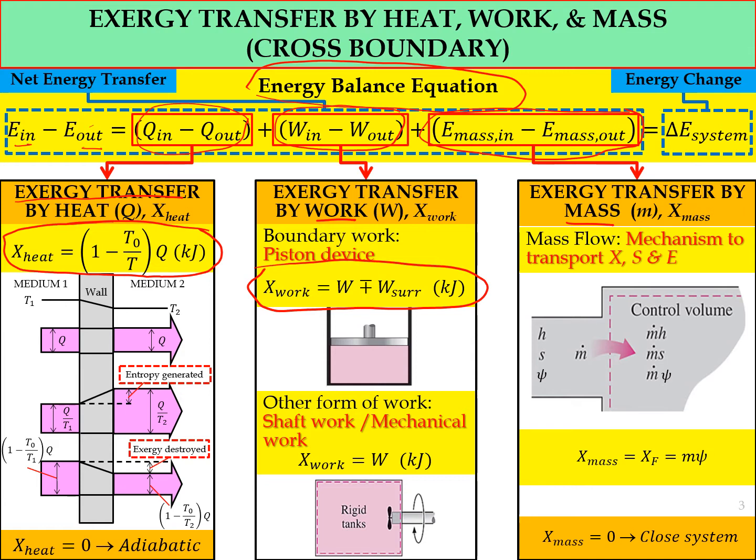Then exergy transfer by mass is simply this equation, which is the exergy transfer in that state. For example, this is state 1, and in state 1 there is mass transfer crossing the boundary. So this is exergy transfer by mass. The equations that we considered in the previous video are mostly related to this part, exergy transfer by mass.